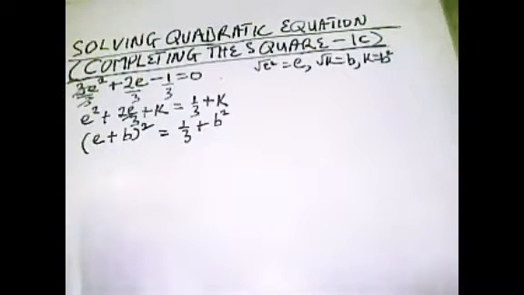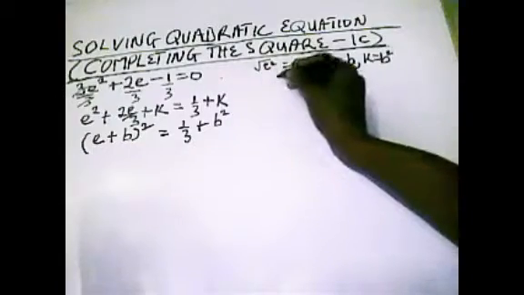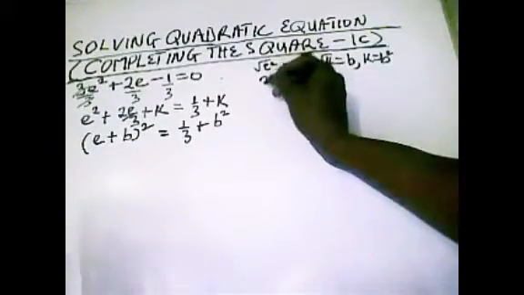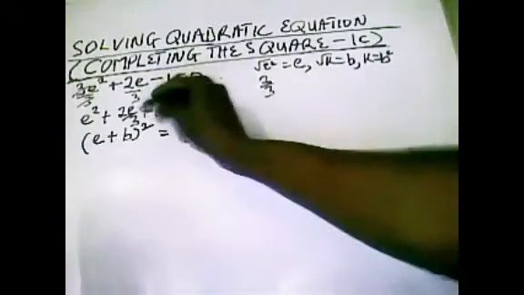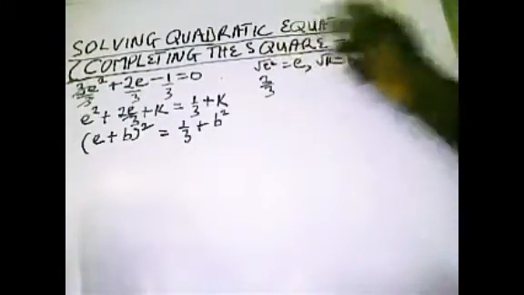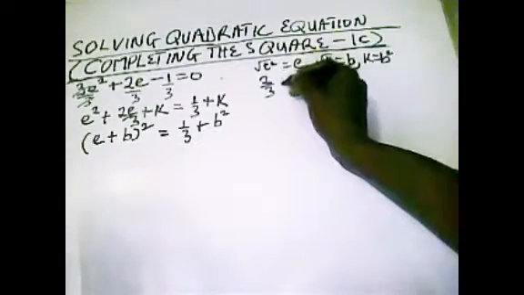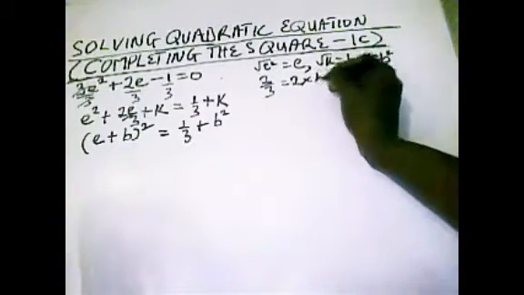Now how do we get the value for b? We can get the value for b from the middle term. In the middle term, we have 2 upon 3. Please, let's leave out the e, because we know that by the end of the day, the e will strike out the e. So we write 2 upon 3 equals 2 multiplied by b.